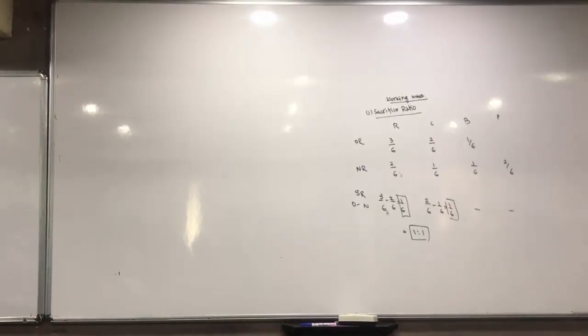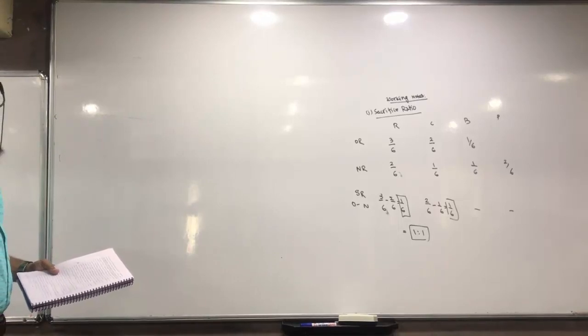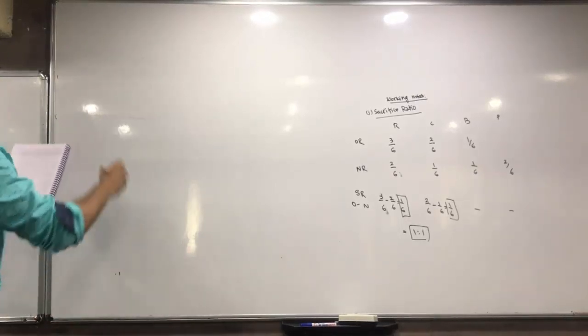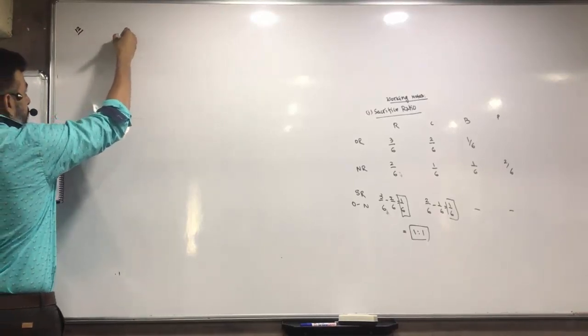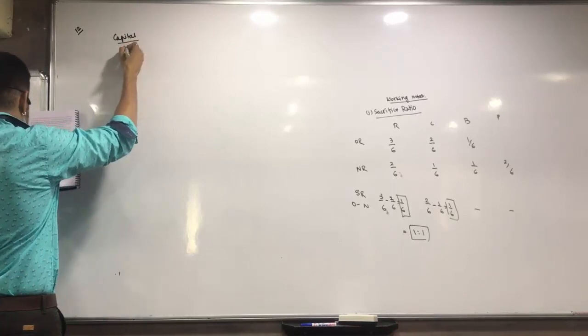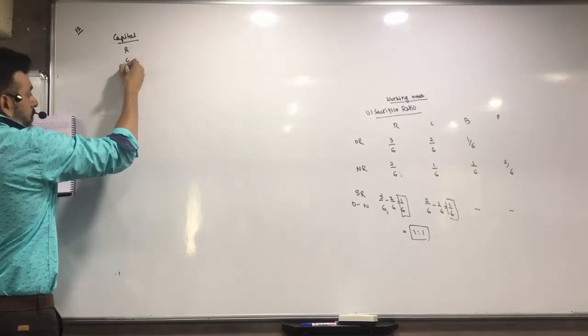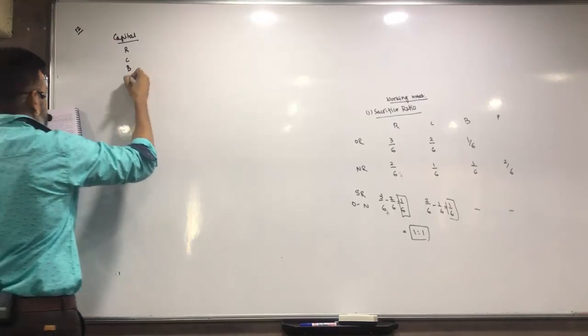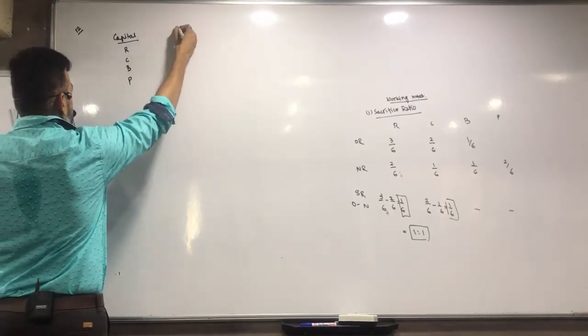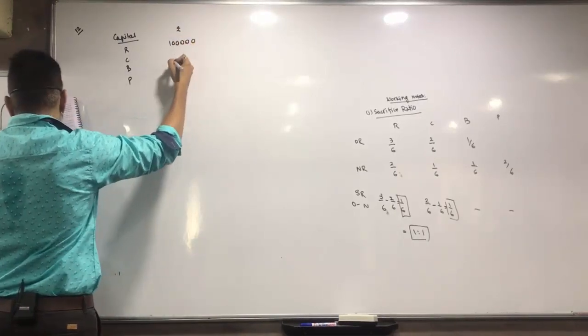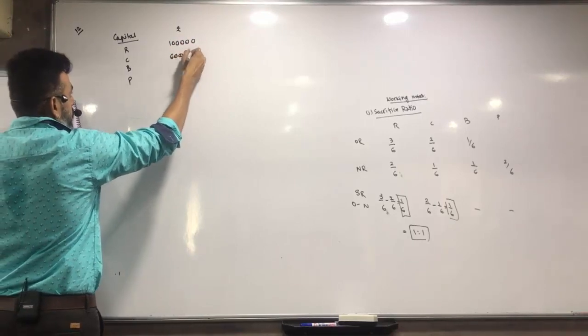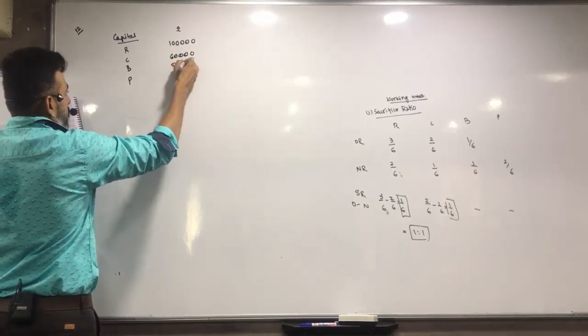Next, we have balance of capital. Clear दिख रहा है? Okay. We have balance of capital. So we write capital R, C, B, and P. Amount is 1,60,000, 50,000.